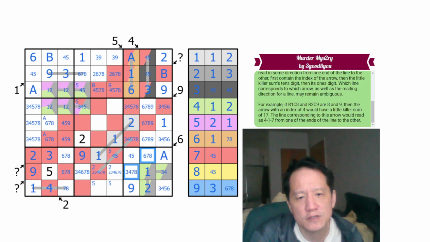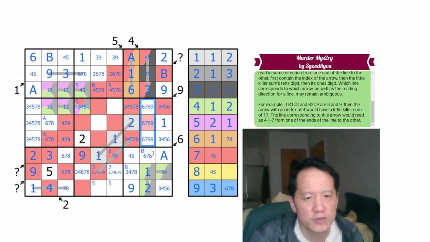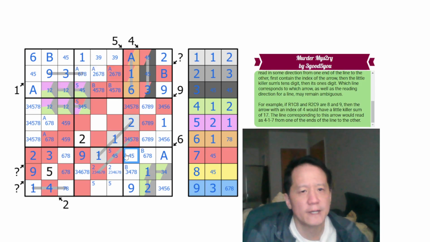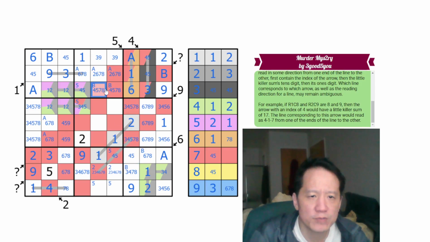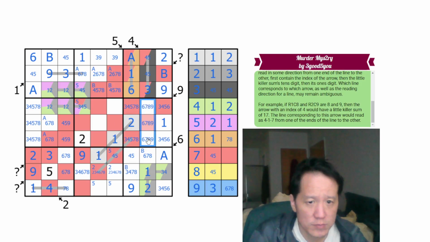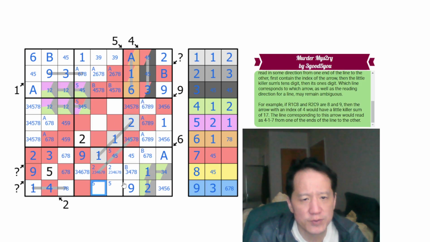So this is B. A is one of these three, obviously. A can be any of these three. B is one of those two. A has to be one of those three.